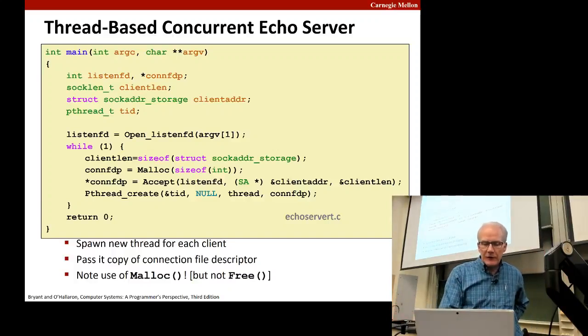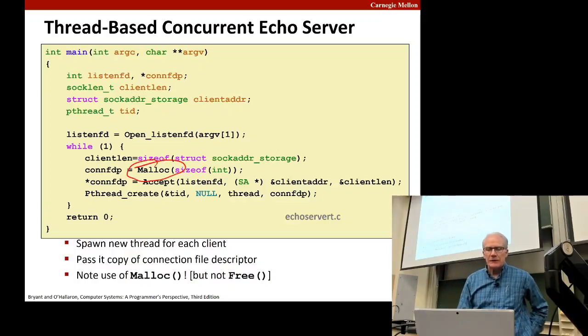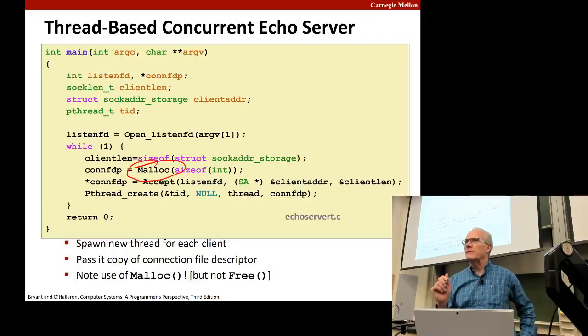But here's the interesting thing, and we'll see this, that I'm going to call malloc here. And you'll see there's no free in this code. So somewhere we better look and say, oh, there better be a free somewhere. We'll check that out. So I'm going to malloc a copy of an int's worth of storage, which might seem kind of silly. And I'm going to store in that place the connection file descriptor returned by accept. And so you notice I call it confdp for pointer instead of just confd.